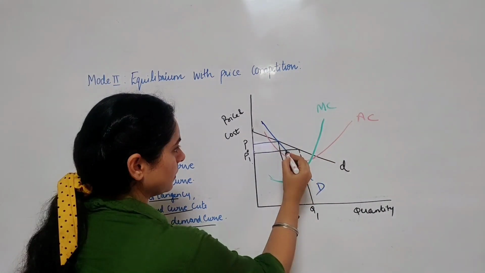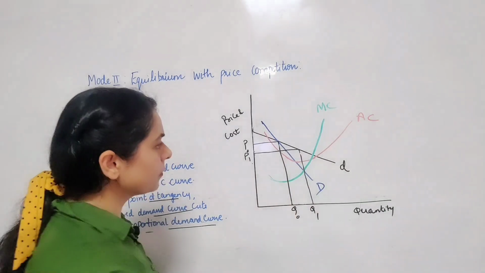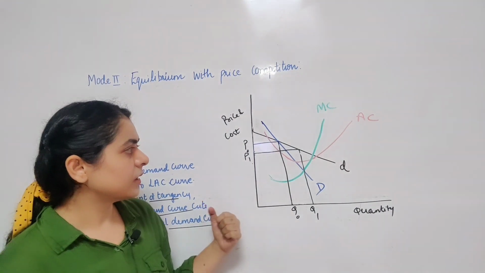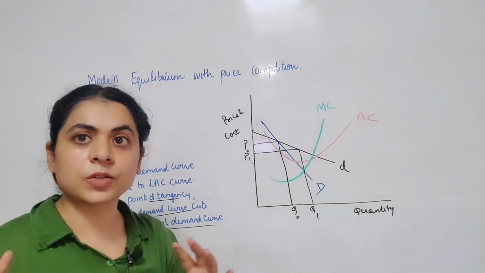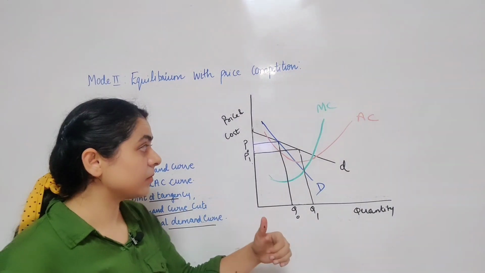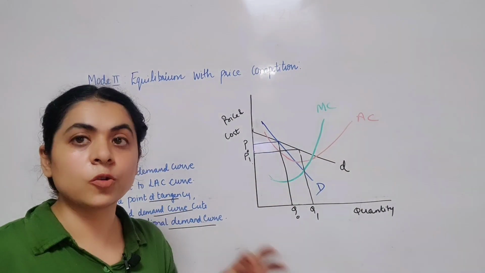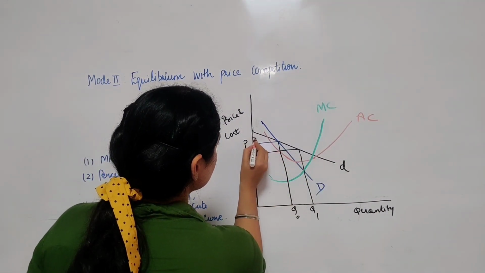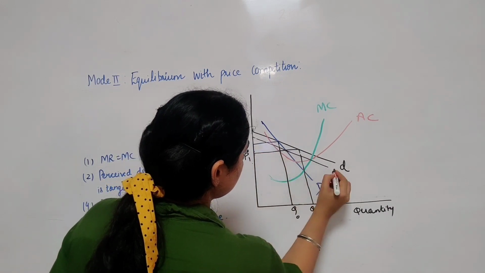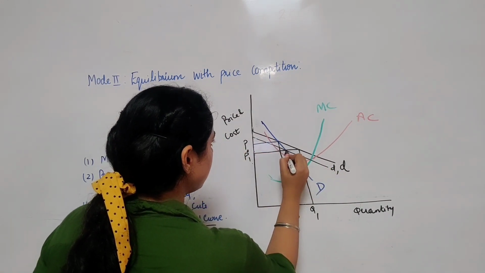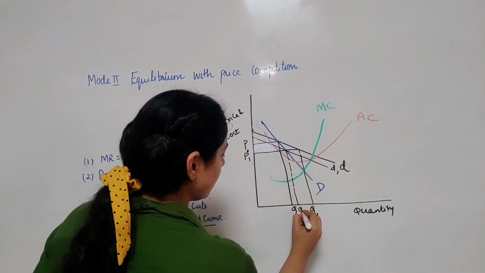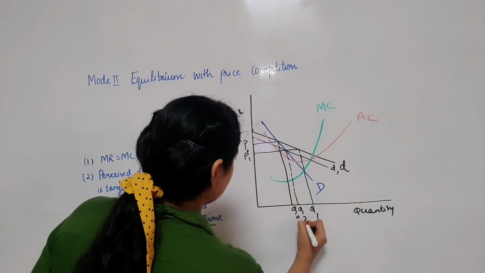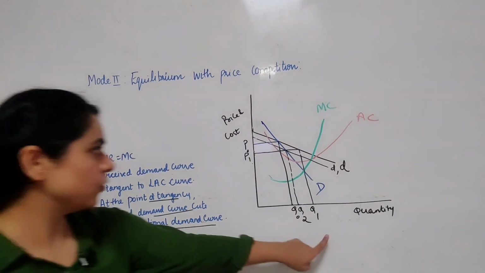Instead, the perceived demand curve of the firm will shift leftwards, because the firm believes that the price of its competitors will remain same, but all other firms in the group will behave in a similar manner, and as a result the demand curve shifts to D1. So at this price P1, the firm's sales increase to Q2 and not to Q1.